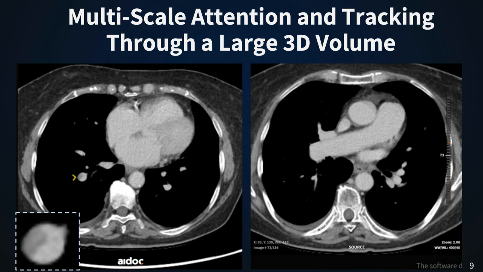This is a scan whose goal is to find PE, a finding called PE, which is pulmonary embolism. It's a very small finding inside the arteries of the lung. And in the left image, you can see the arrow generated by our product that is pointing at a very, very subtle PE finding inside an artery.